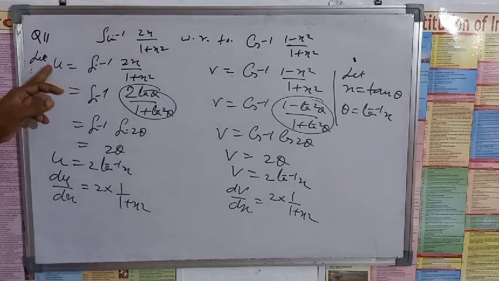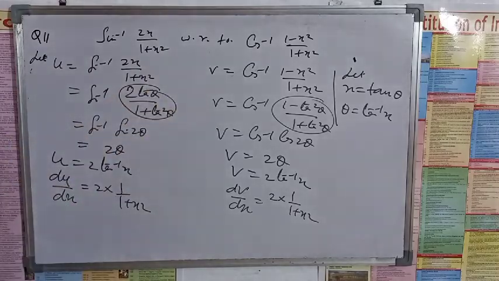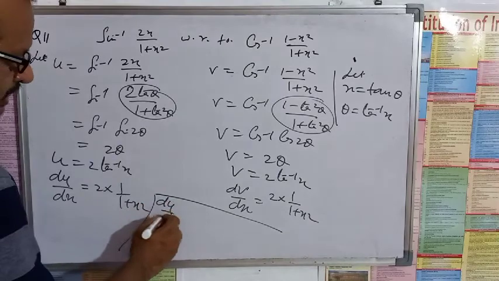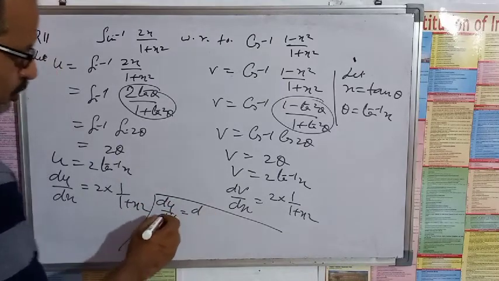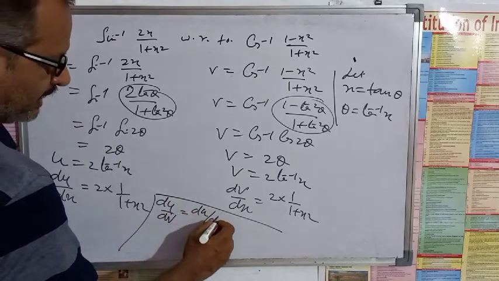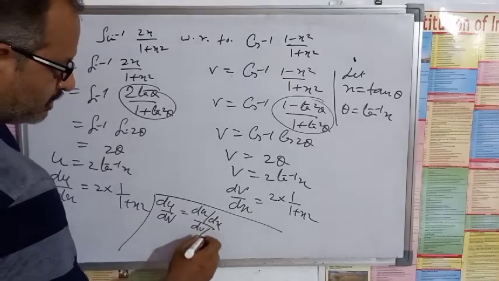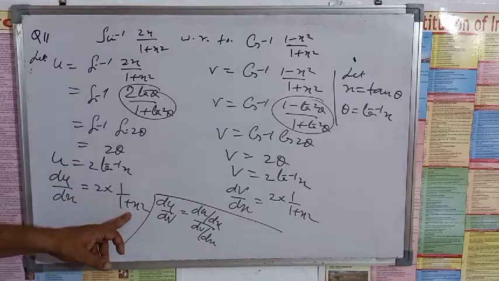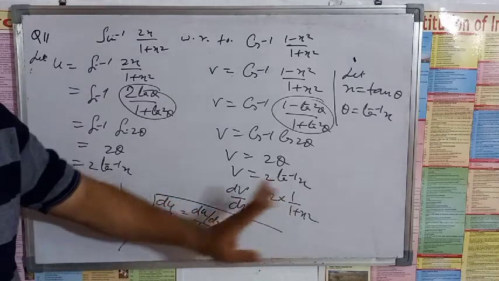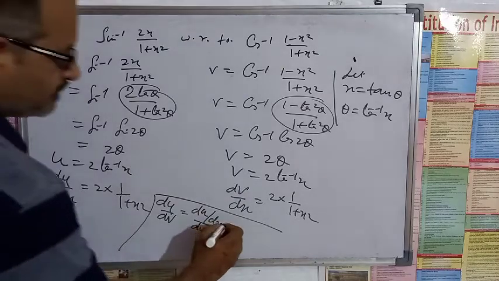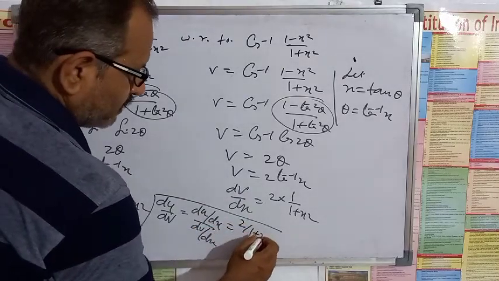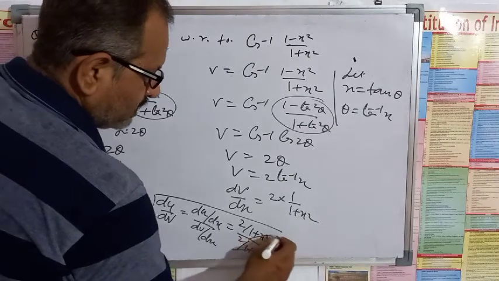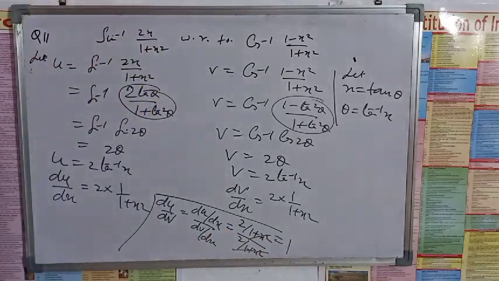But we have to find du by dv. Du by dv means du by dx whole upon dv by dx. Du by dx is 2 upon 1 plus x square, and dv by dx is again 2 upon 1 plus x square. So it is 2 upon 1 plus x square divided by 2 upon 1 plus x square. Both cancel. The answer will be 1.